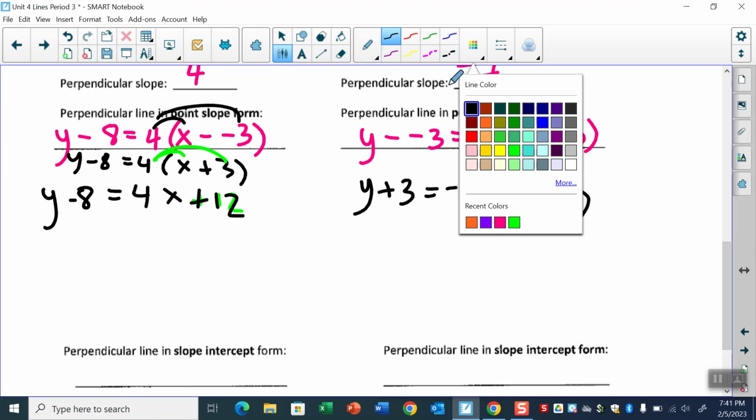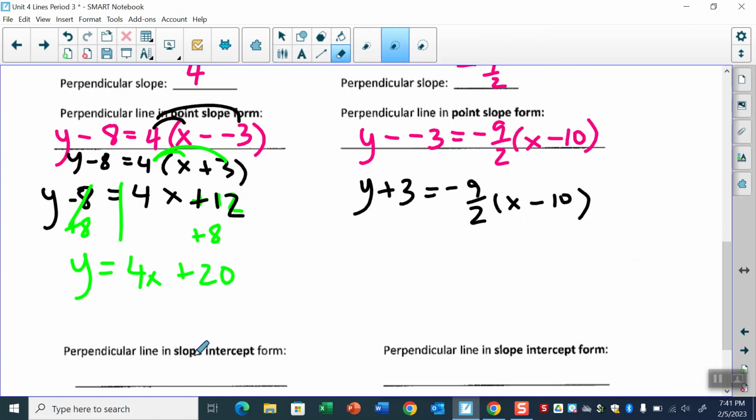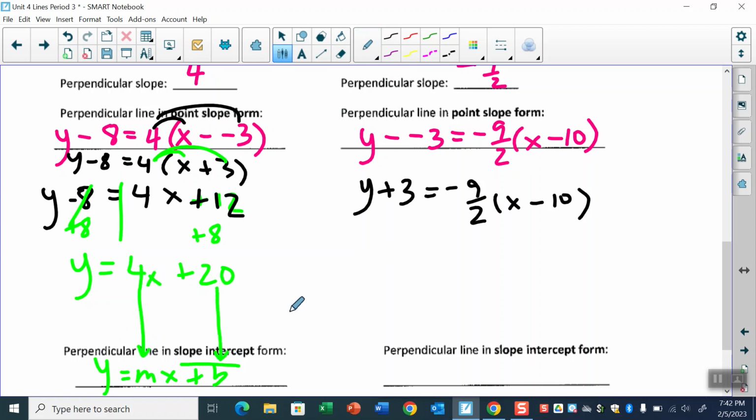Alrighty, and then now I'm going to plus 8, right, on both sides. That goes away, and I get y equals 4x, 12 plus 8 is 20. All right, and that is my slope-intercept form right there. Right, y equals mx plus b. So 4 is my m, and then that b is the plus 20.